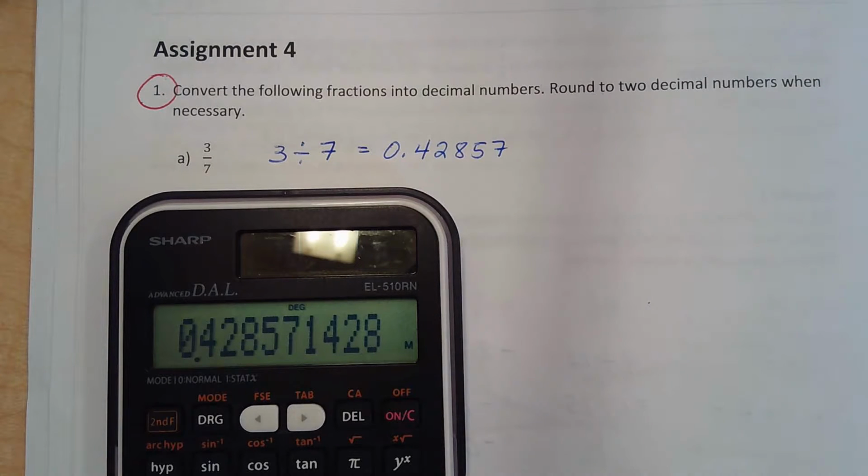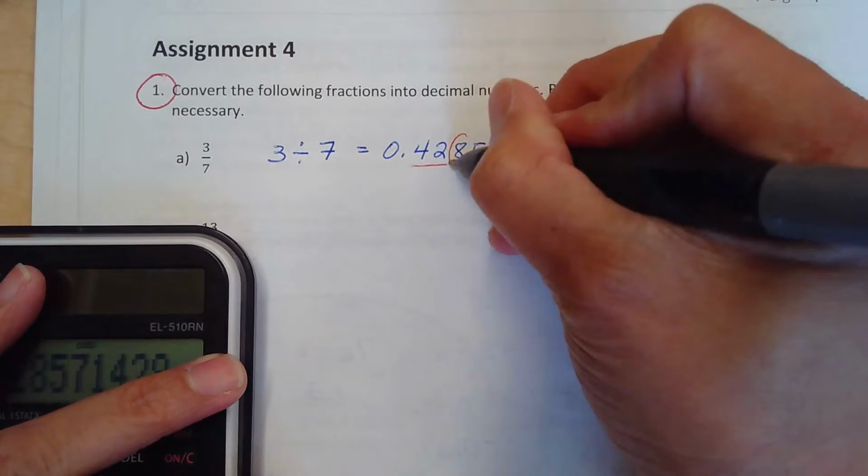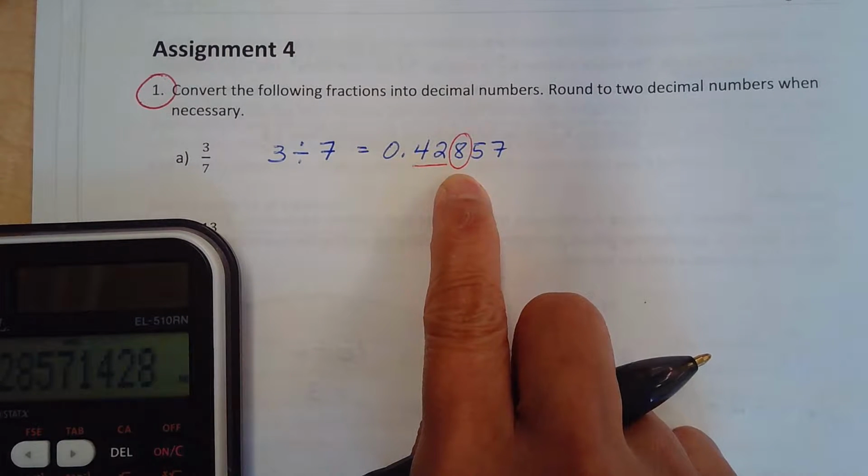So how do we round to 2 decimal places? We're going to go up to 2 decimal places. We're going to look at the third one. And if this third one is 5 and up, any number that's 5 and up, we're going to round it up to 43.